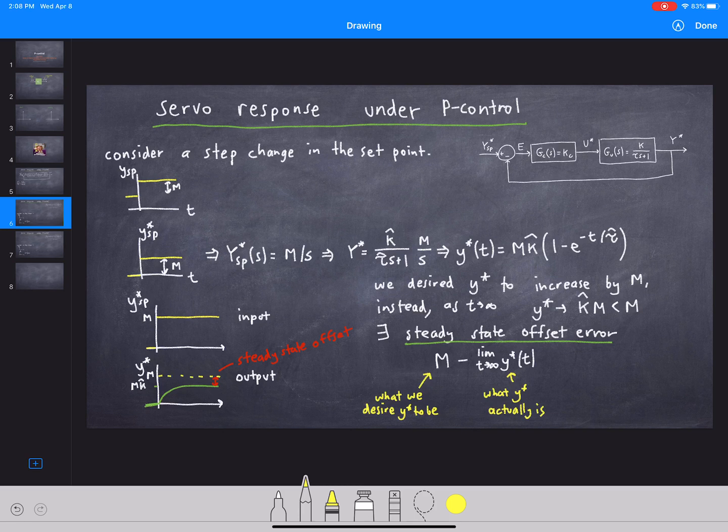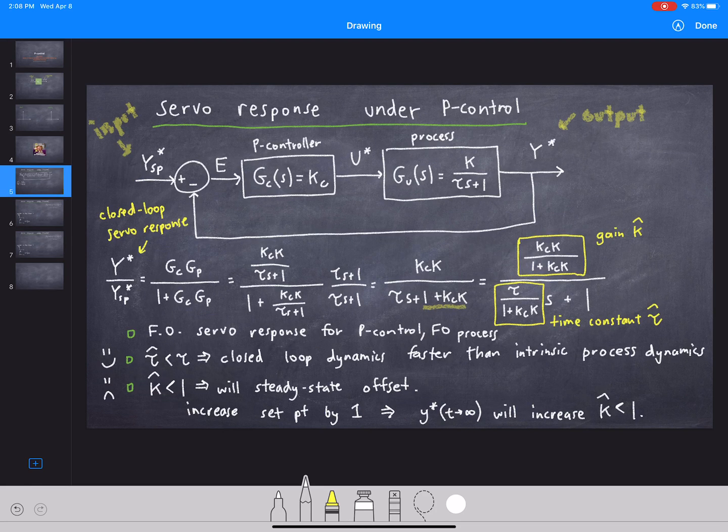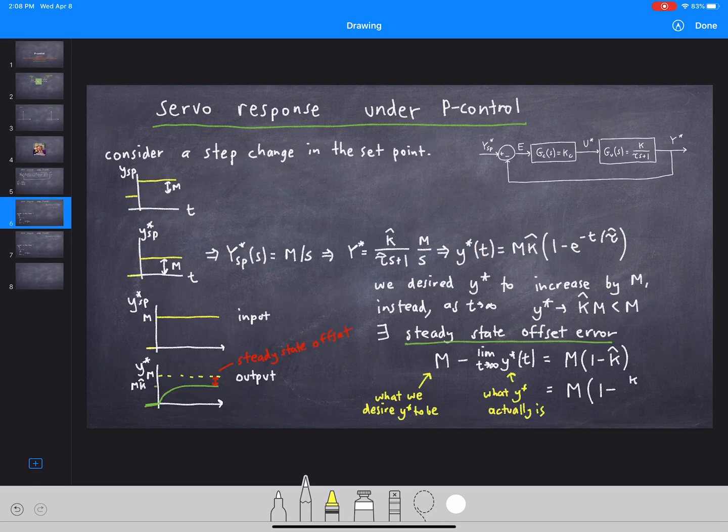Okay? And what this is equal to, in this context, is m times 1 minus k hat. Okay? And we can put in what the actual k hat is. So from the previous slide, 1 minus, and then k hat is KcK over 1 plus KcK.